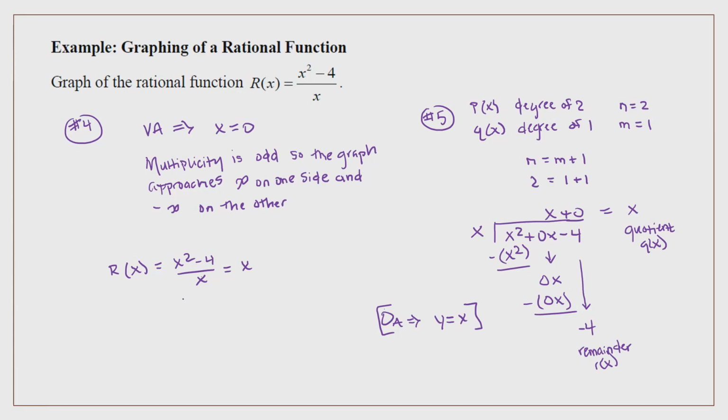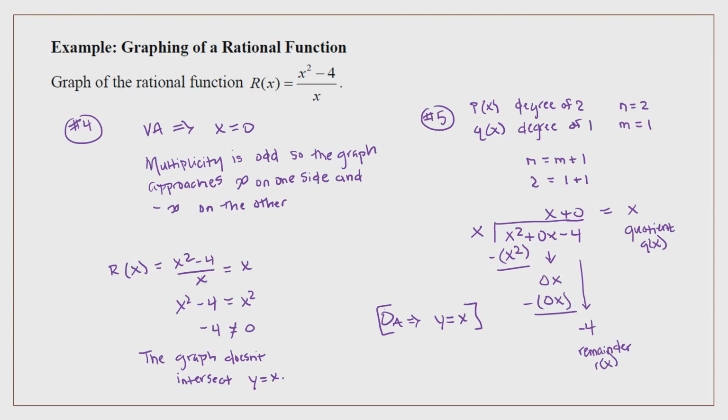So we'll multiply x on both sides, so x squared minus 4 equals x squared. We'll subtract x squared from both sides, so negative 4 equals 0. We know negative 4 does not equal 0. Therefore, the graph doesn't intersect y equals x.